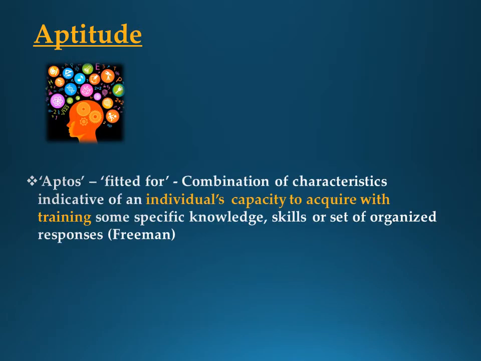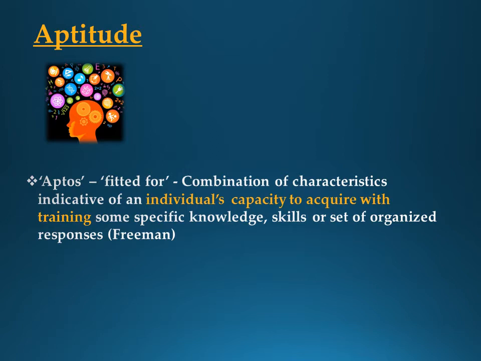So aptitude comes from the word aptos. It is a Latin word which in English means fitted for. So we're actually looking at a combination of characteristics indicative of an individual's capacity with training, where they can acquire some kind of knowledge, skills, or learn certain types of responses.